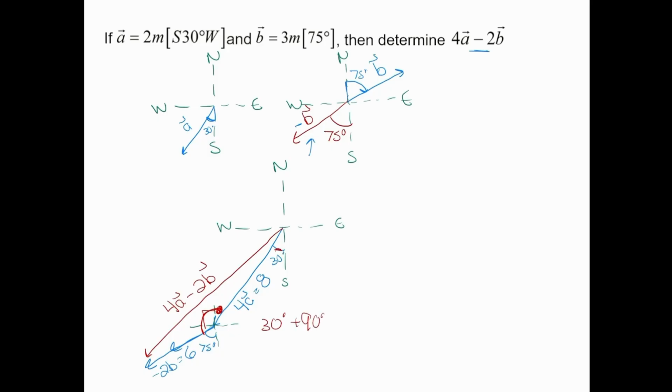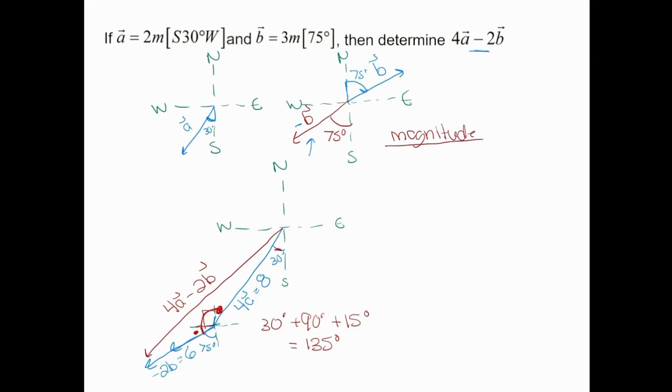And then from here to here, from my westerly line to my vector negative 2b, I have 15 degrees because 90 minus 75 is 15. So that gives me that interior angle of 135 degrees. So that is the angle that I'm going to use to solve this question. Just like all the other ones, we're going to find the magnitude using the cosine law and the direction using the sine law. So magnitude.